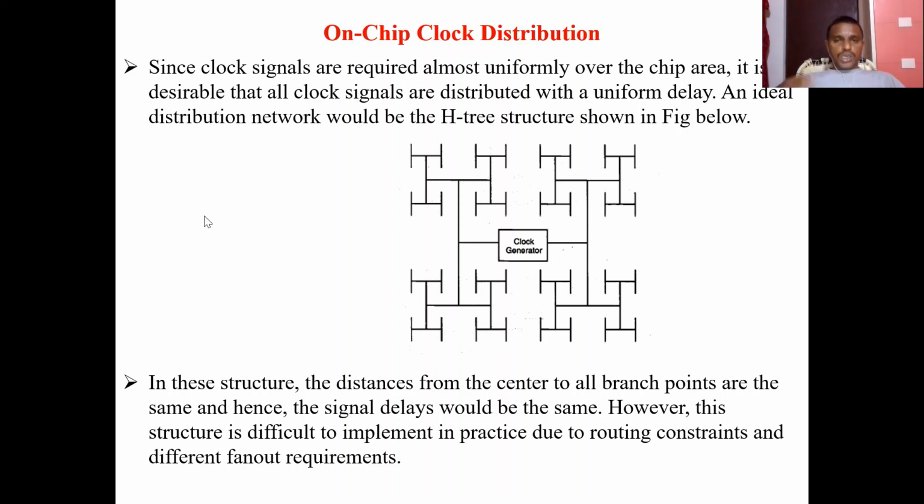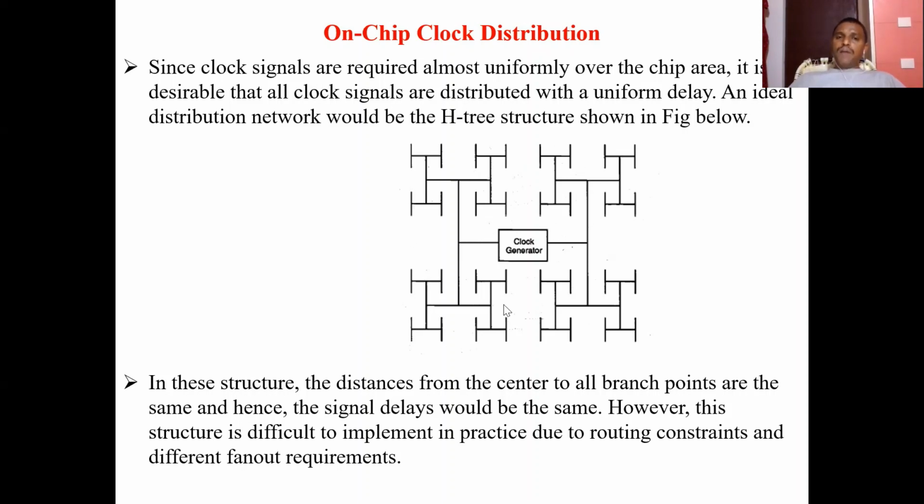We can't arrange non-uniform delay, because we'll get problems, that is clock skew problems and delay problems also.